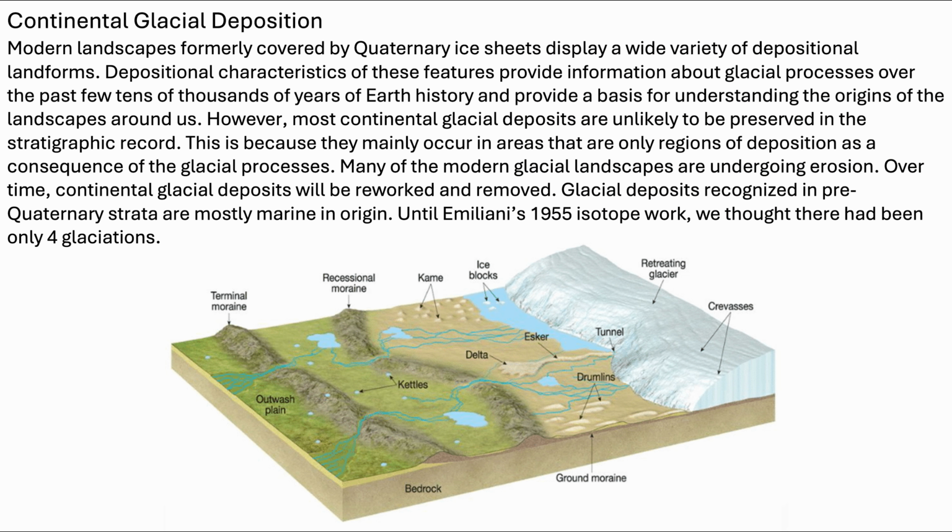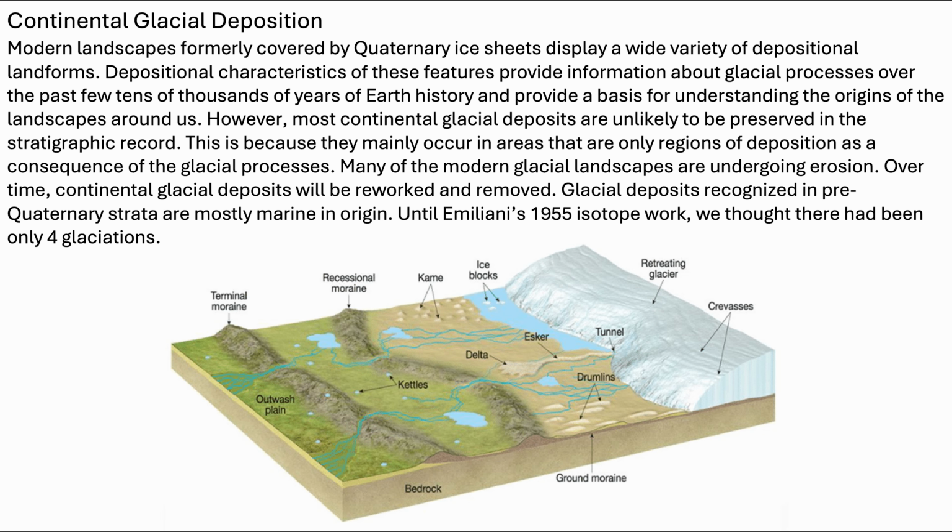Modern landscapes that have been covered by Quaternary ice sheets show us a wide variety of depositional landforms. These characteristics provide us with information about the glacial processes over the last few tens of thousands of years, and also give us an understanding of the origin of the landscapes around us. Most continental glacial deposits, though, are unlikely to be preserved in the stratigraphic record.